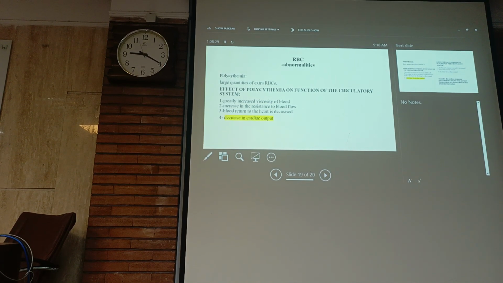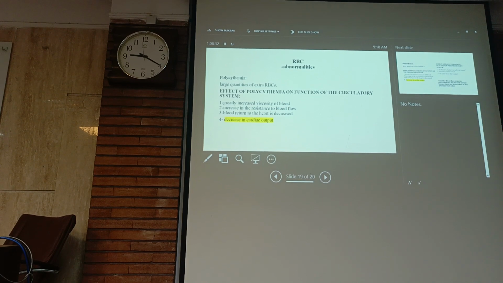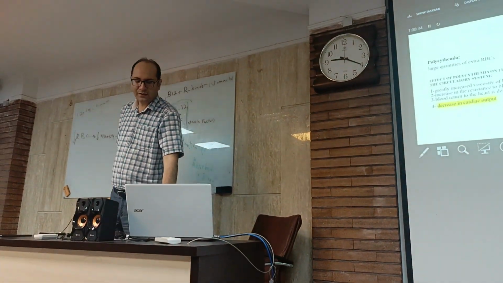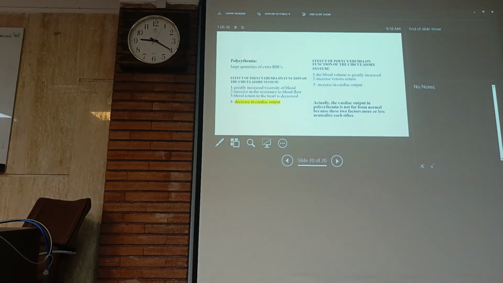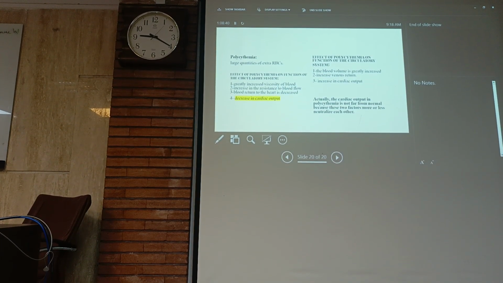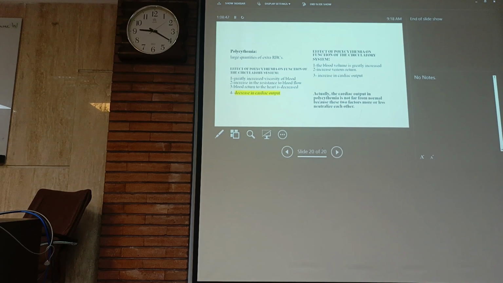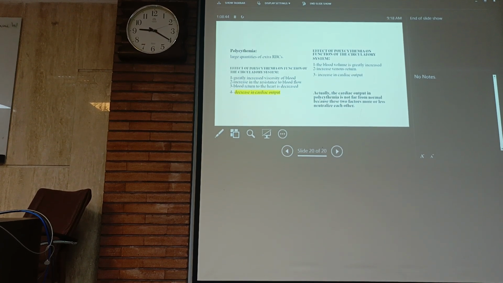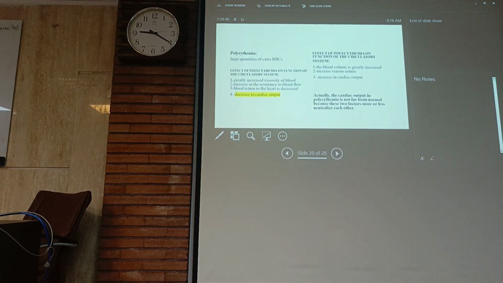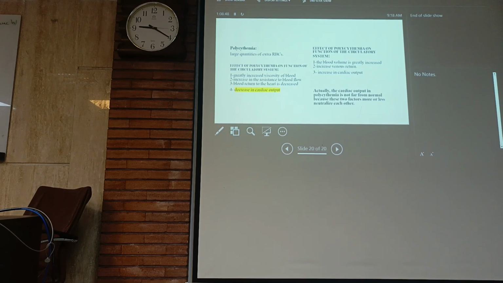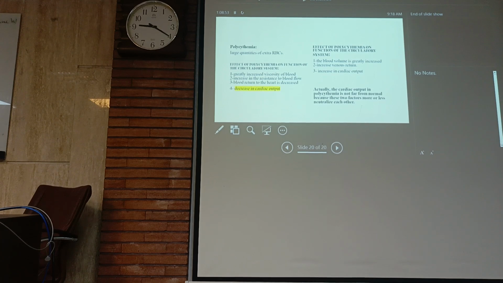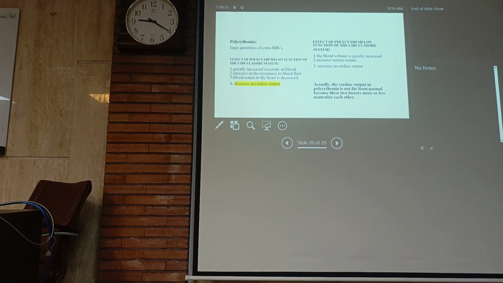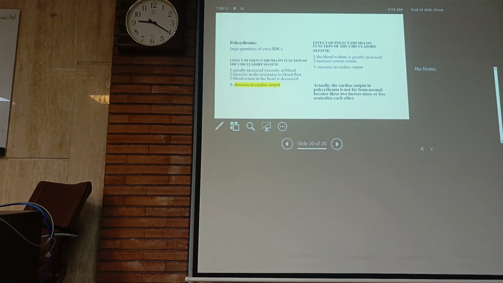But on the other hand, in polycythemia the blood volume is increased because the number of RBC is increased. After the increase in blood volume, we have an increase in blood return to the heart, and after that, an increase in cardiac output.